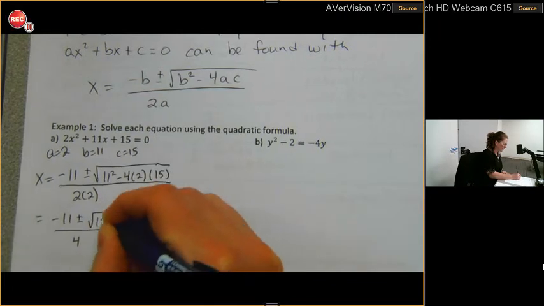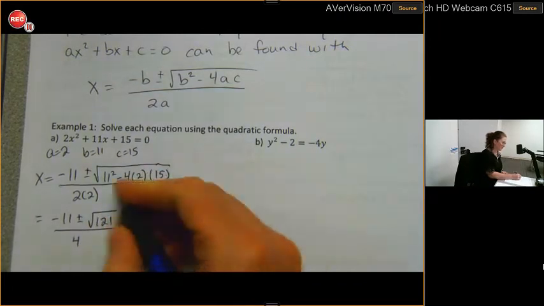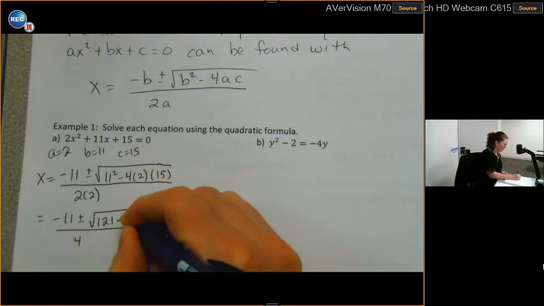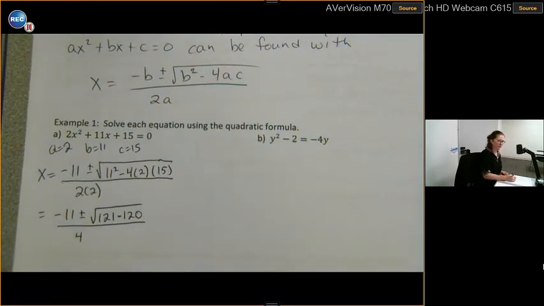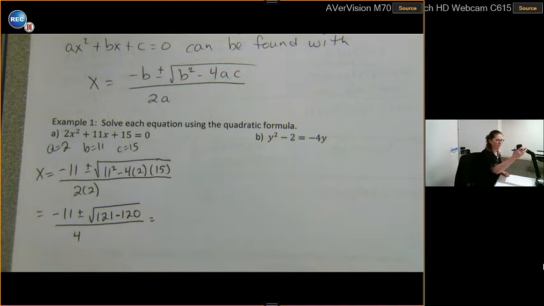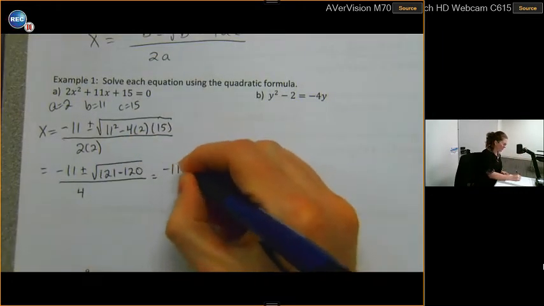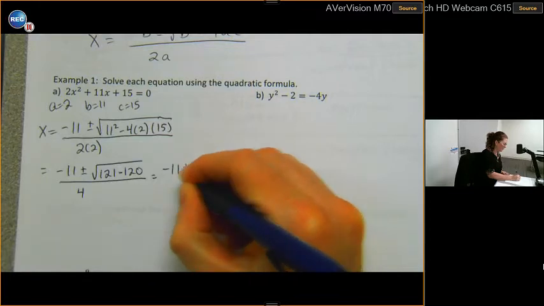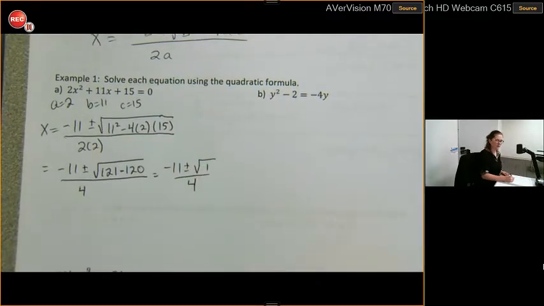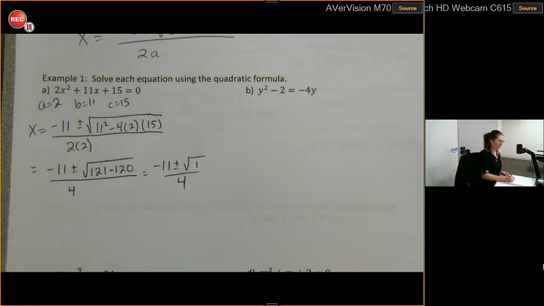Underneath the square root, 11 squared is 121, and 4 times 2 times 15 is 120. And so underneath the square root is 1, and the square root of 1 is 1.